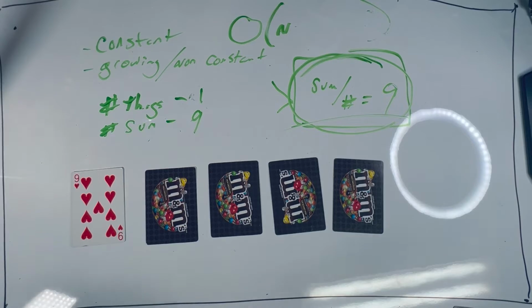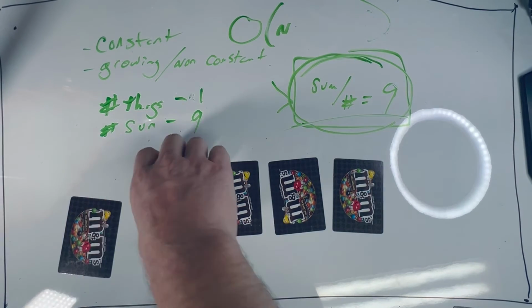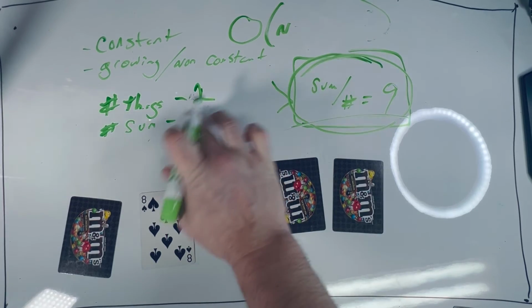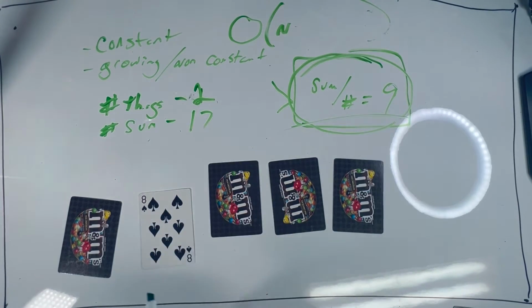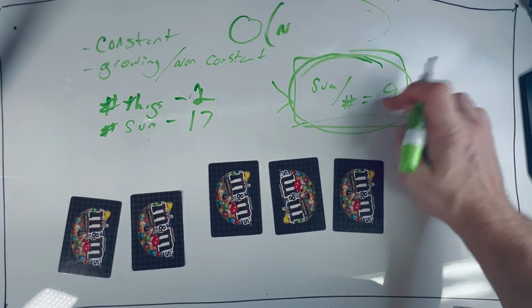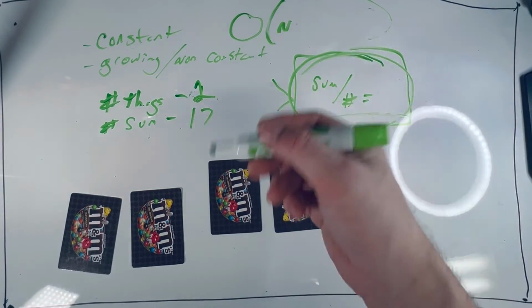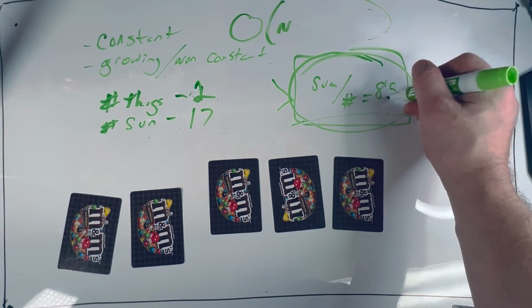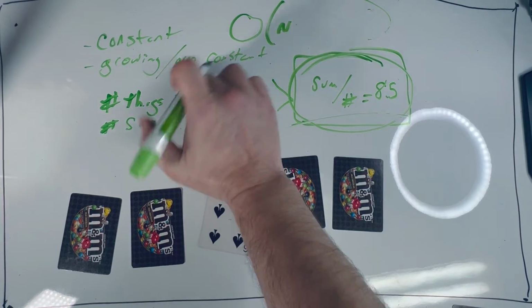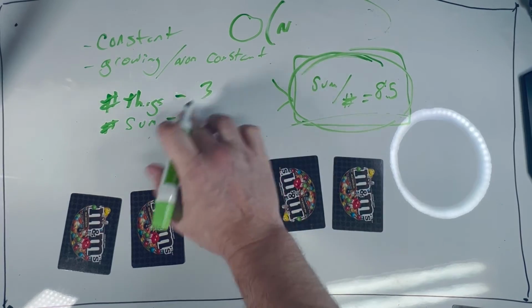So let's keep going. I did my first one. Now I do my second one. Now I've looked at 2 cards, and I have a sum total of 17. If I wanted to perform this calculation at this point in time, my average is 8.5. Do another one. 3 for a sum total of 23.